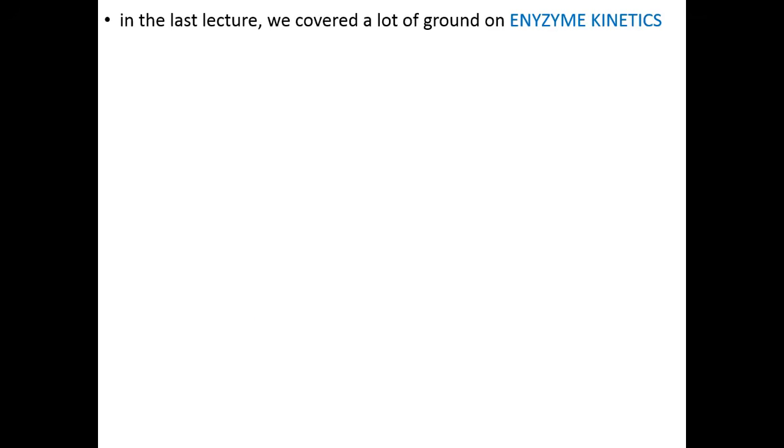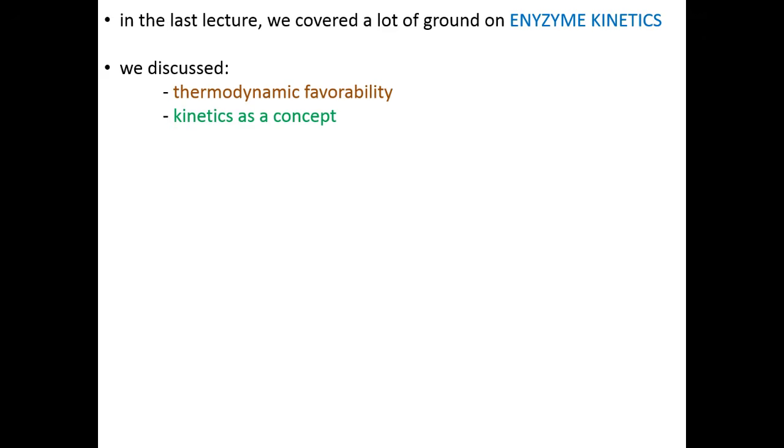So in the last lecture, Lecture 4, we covered a lot of ground on enzyme function in general and enzyme kinetics. We discussed thermodynamic favorability and the fact that the universe favors reactions that give off energy as a negative delta G. We talked about kinetics as a general concept of reaction speed, and we gave some specifics to zero, first, and second order reactions.